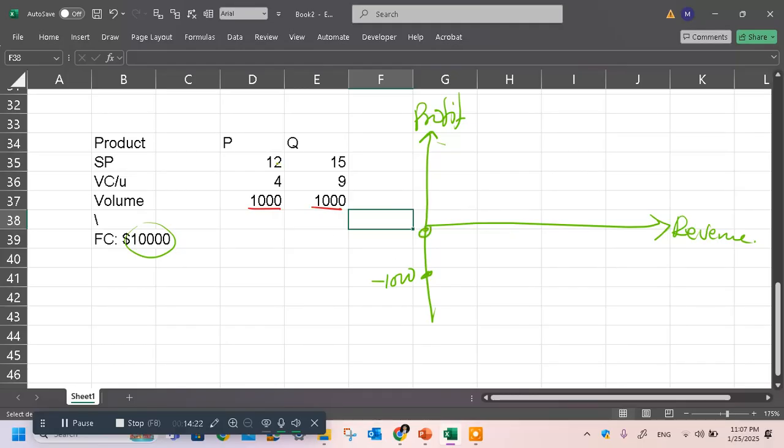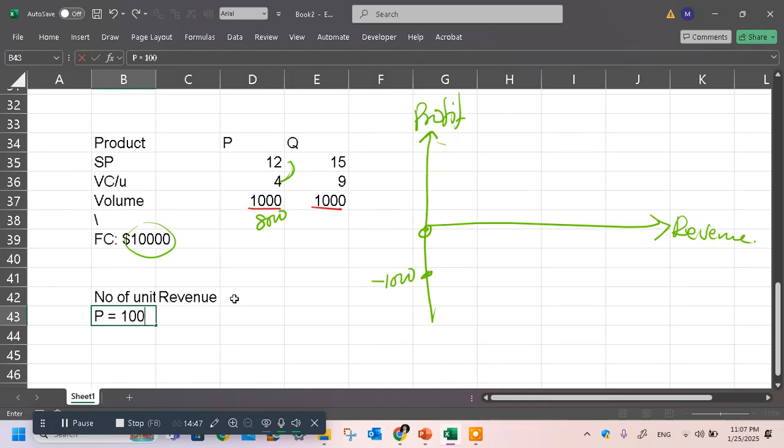When you finish these P, 8 is the contribution, 8 into 1000, $8,000 contribution it gives you. Let's make a table to understand it better. Number of units, revenue. When you are talking about initially P 1000, what will be the revenue? 1000 into 12.